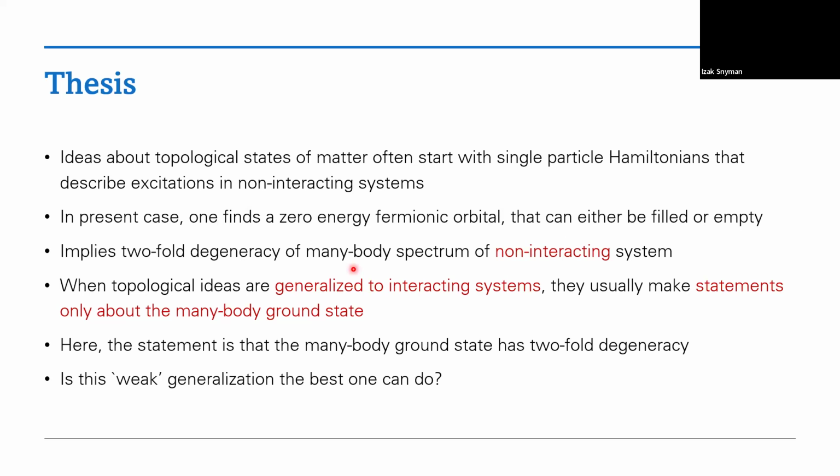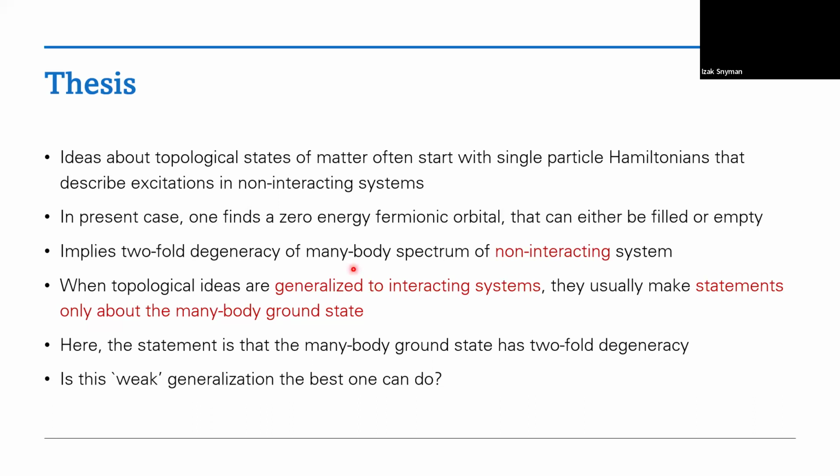Now, when topological ideas are generalized to interacting systems, they usually only make statements about the many-body ground state. So here the statement becomes that the many-body ground state has this same degeneracy that the single-particle Hamiltonian had.